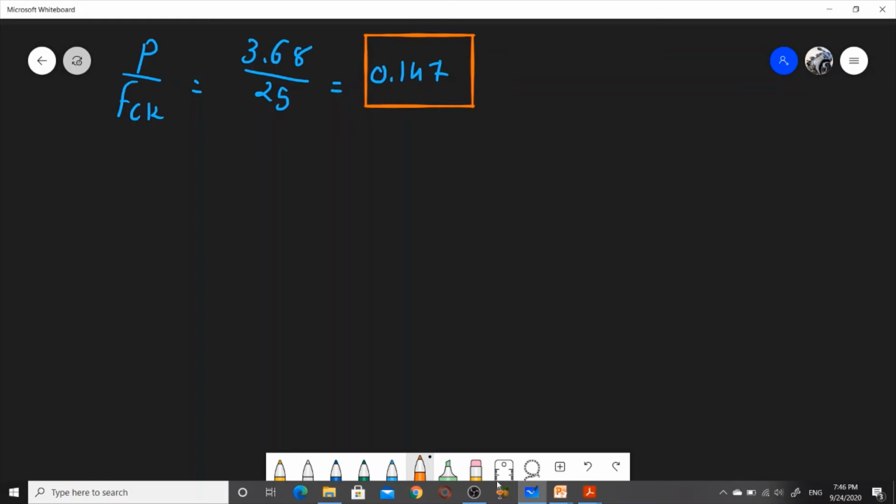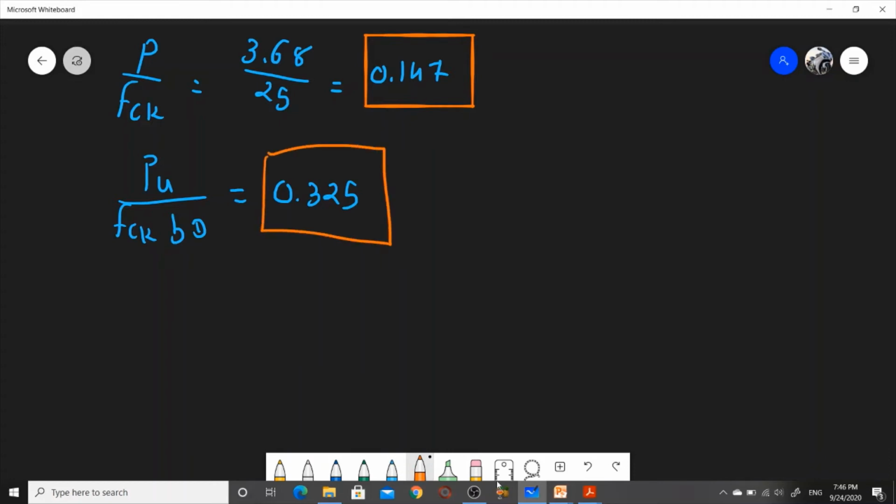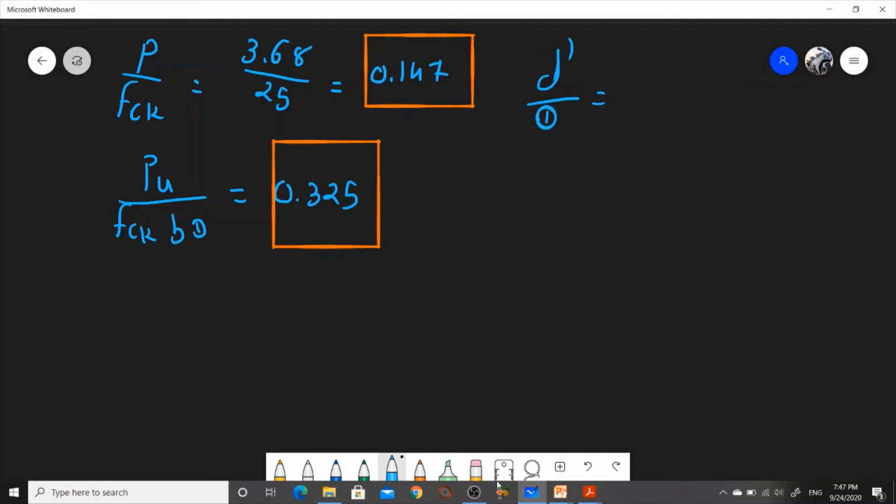Pu by fck bd is the same, since Pu, fck and bd are all the same: 0.325. And the third value, d dash by capital D, is 0.15.